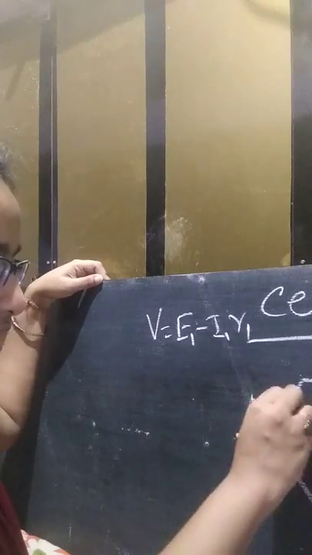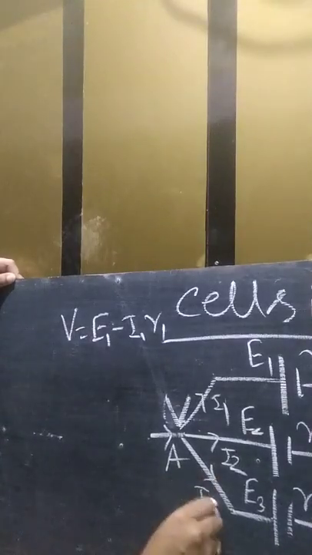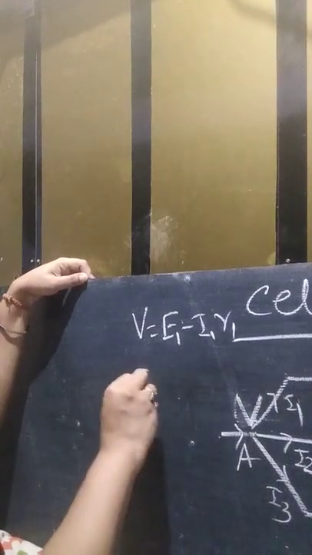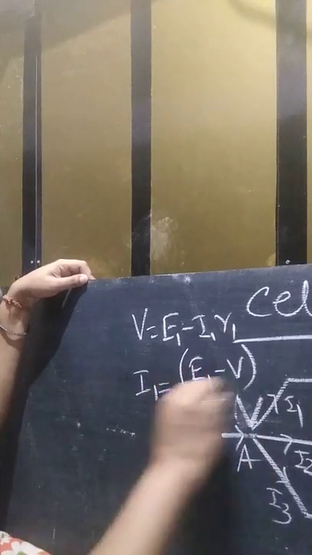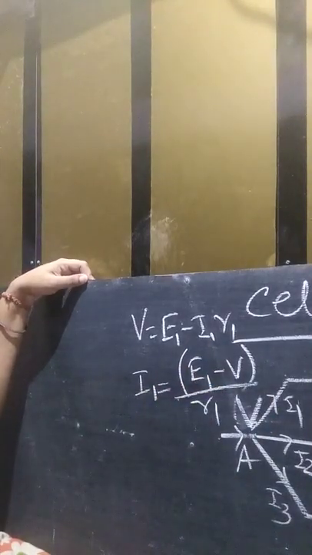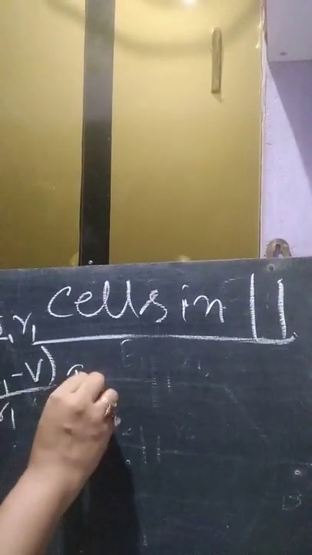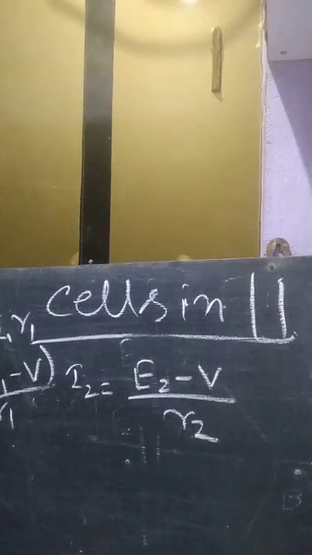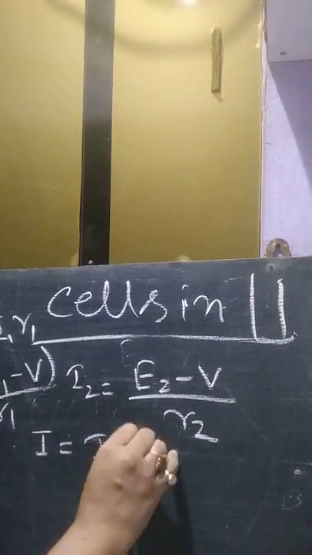If current is passing through these branches, it will be I1, I2 and I3. So I1 will be E1 minus V by R1. In a similar way, I2 will be E2 minus V by R2. Clear? So we know that I equals I1 plus I2.